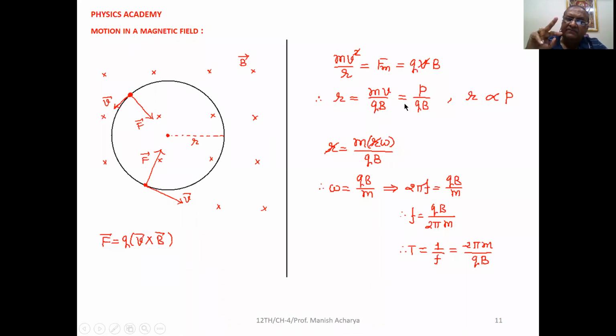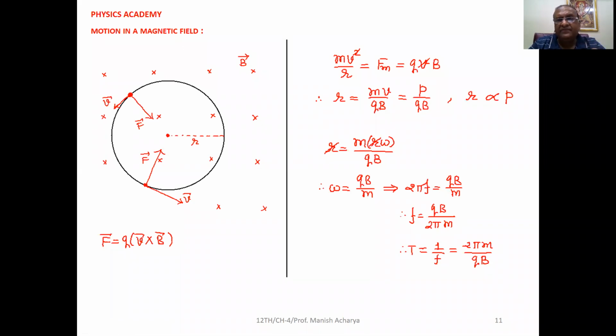If speed increases or decreases, then corresponding to that, the radius also increases or decreases respectively. But see, angular frequency qB upon m is constant. The frequency f, that is qB upon 2 pi m, is also constant. So T is constant.